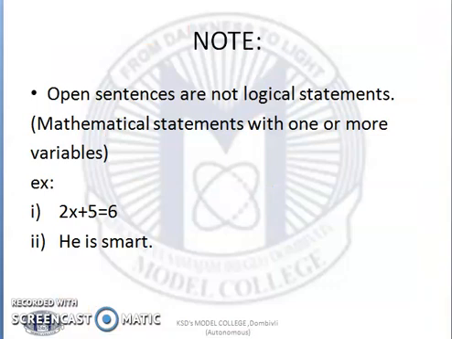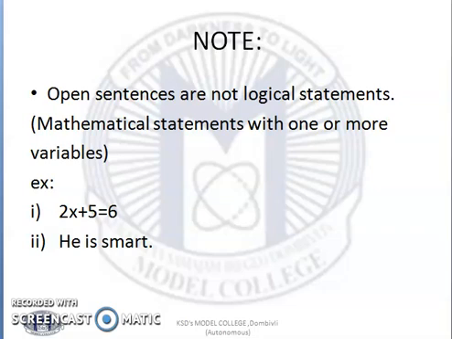One important note for us. Before going to tell you this, we should know there are two types of sentences. One is open and another is closed. What do you mean by open? Open sentences are not going to tell us a definite truth value.